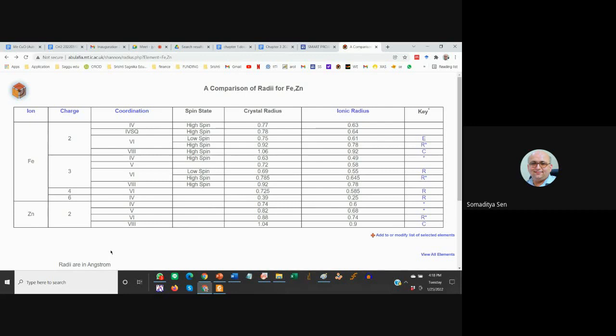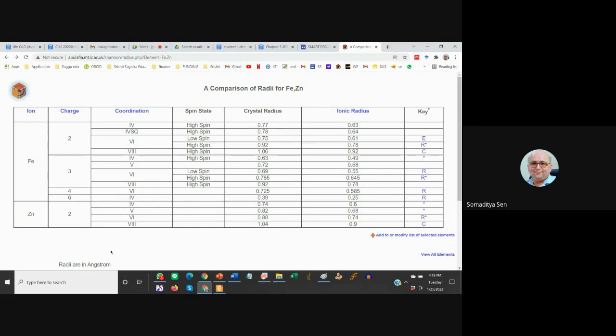The zinc, which was tightly fitted there, is replaced with a slightly larger element, so it will try to squeeze out the surrounding oxygens, and that will affect the metal-oxygen bond lengths, and the neighboring zinc-oxygen bonds will also get affected. So by putting an iron 2+ in a 4 coordination system with a crystal radius of 0.77, you have created strain at that particular point of inflection.